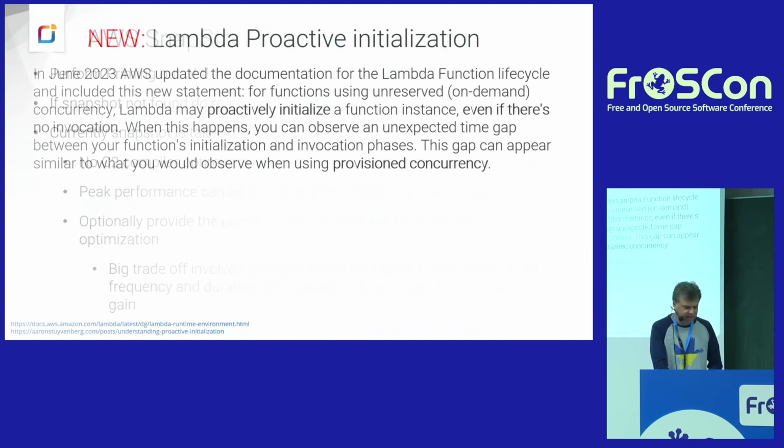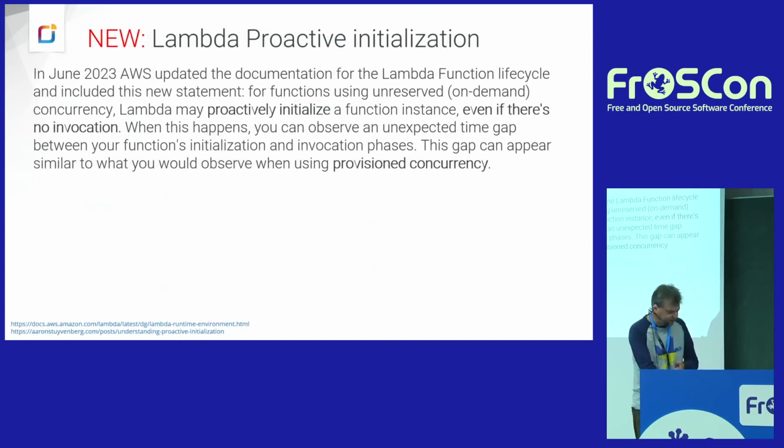Normally, it would be the last slide, but something interesting happened. Last month, AWS added something to the documentation of Lambda functions. They called it proactive initialization. What they added is that sometimes we will see that the function is proactively initialized when I deploy it, even without SnapStart.